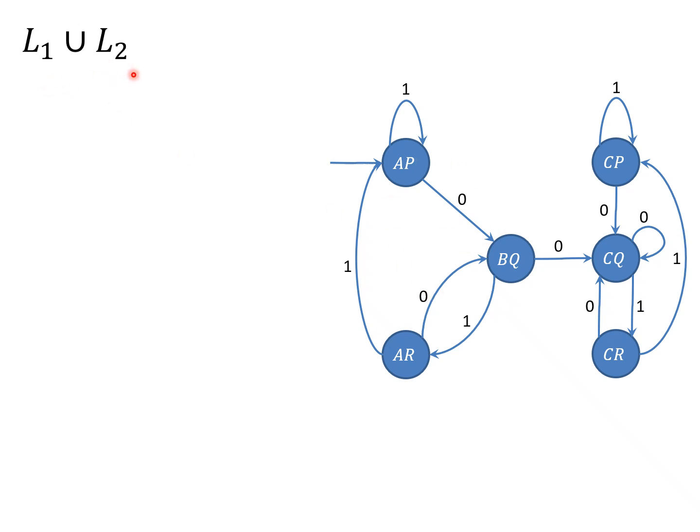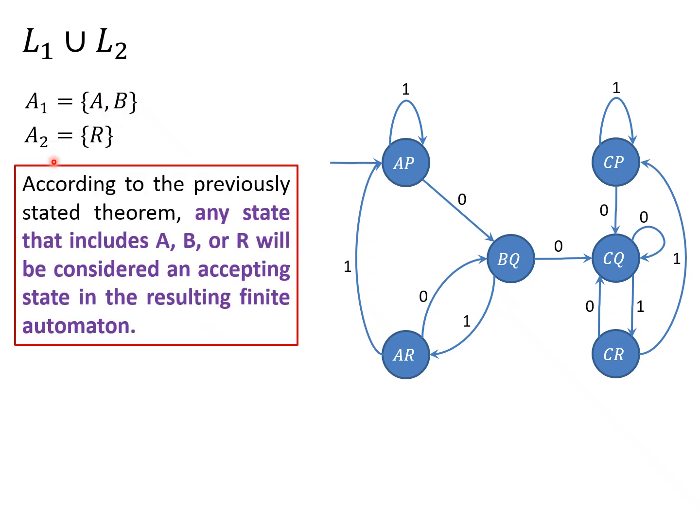Final DFA. For this, you have to find the final states. L1 union L2. What is the final state of M1? A comma B. What is the final state of M2? R. So there are two sets of final states, one for M1 and one for M2. Final state of M1 is A comma B. Final state of M2 is R, that is A1 and A2 I have taken as per the theorem.